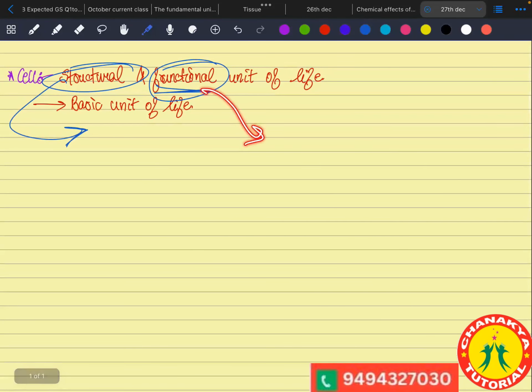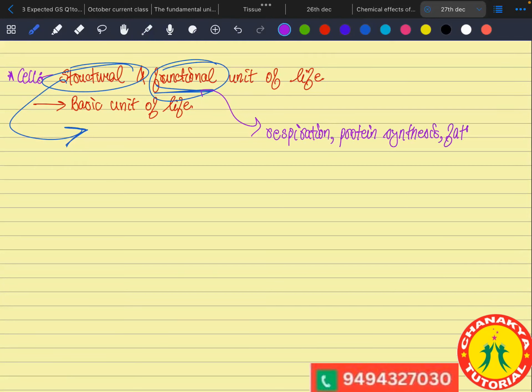In terms of function, they also generate functions like respiration, protein synthesis, the fat synthesis. All of these are biochemical processes.